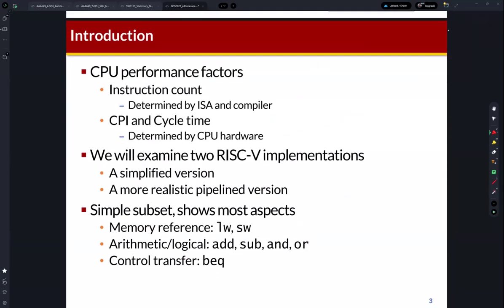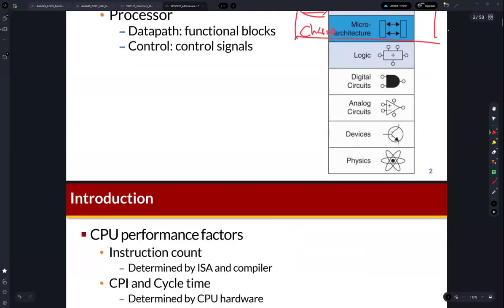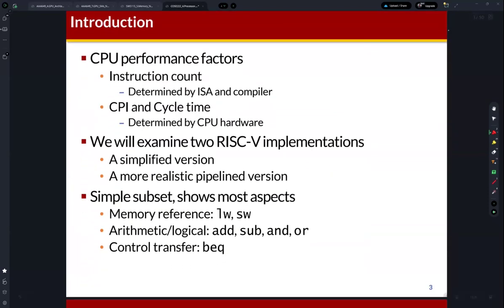When we design a processor, the real hardware, we also need to consider the performance. In chapter 1, we learned about the performance of a computer system. So what is the goal of this hardware design?